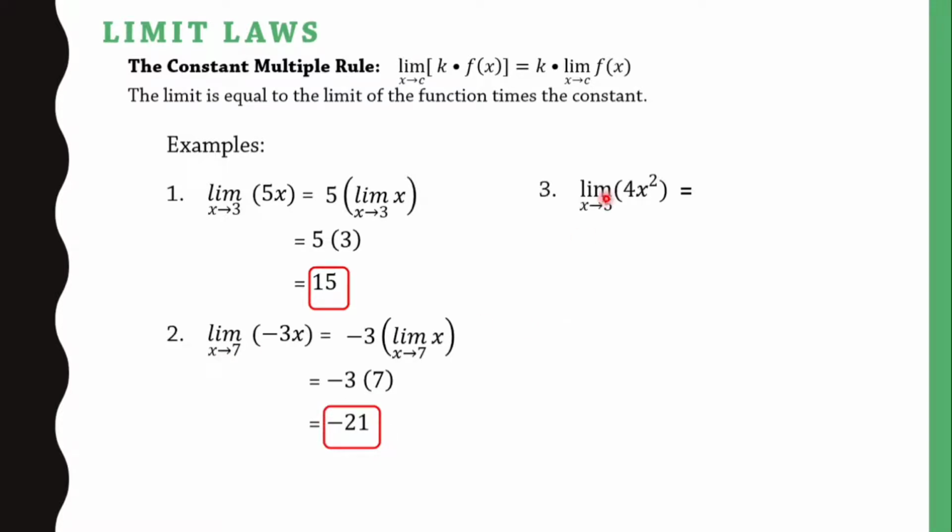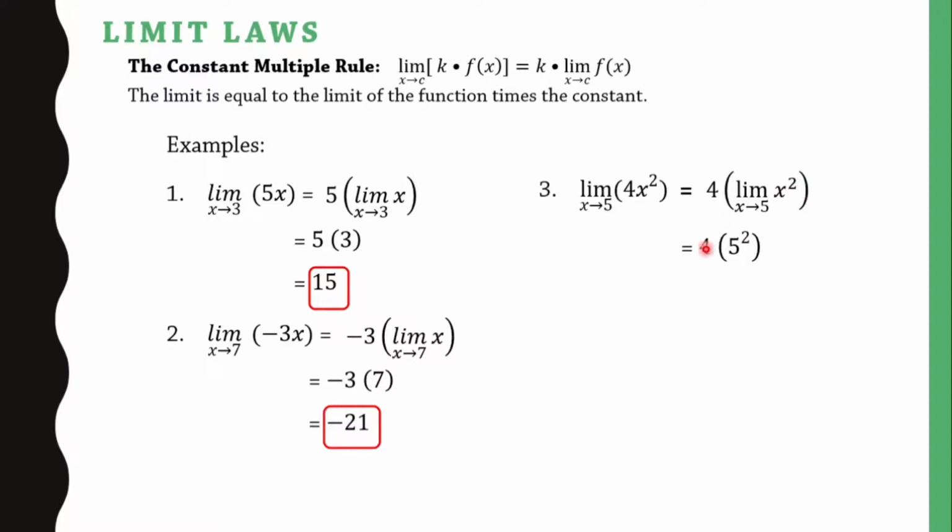Third example, we have the limit of 4x squared as x approaches 5. Our constant multiplier here is 4, so we take out 4. That's 4 times the limit of x squared as x approaches 5. Again, we take out the 2 and make it the exponent of the limit. So the limit of x as x approaches 5 is 5, and we have here the exponent squared.